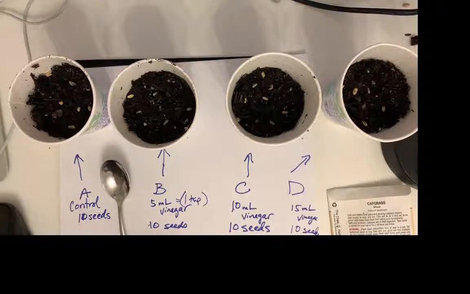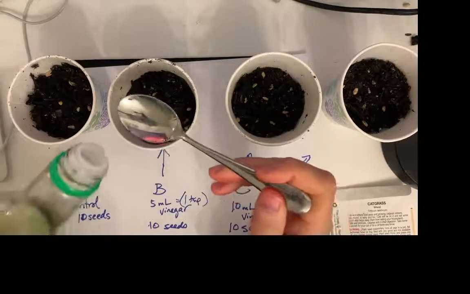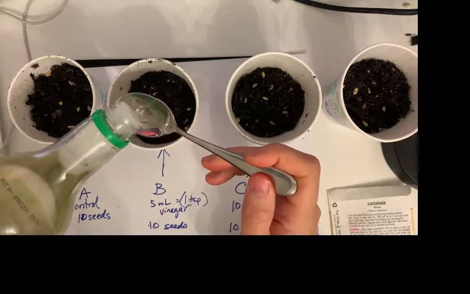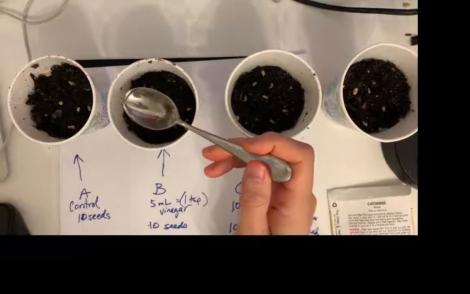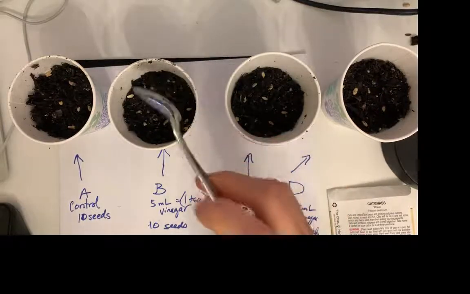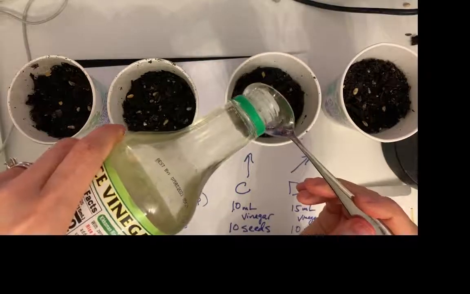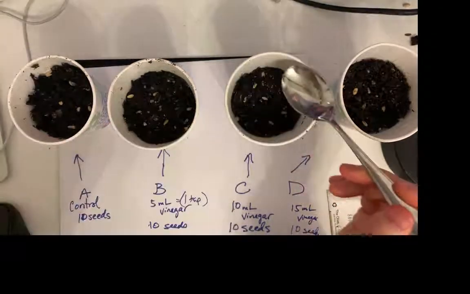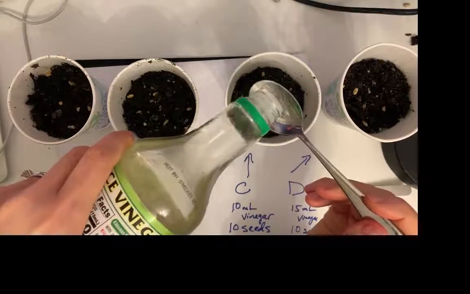Okay, after I've watered my plants and I'm ready to go ahead and add my vinegar. Ooh, this seems like a lot. Sorry, plants. Okay, so this one got 5 milliliters. This one's going to get 10. Oh, it's not going to be a good one.